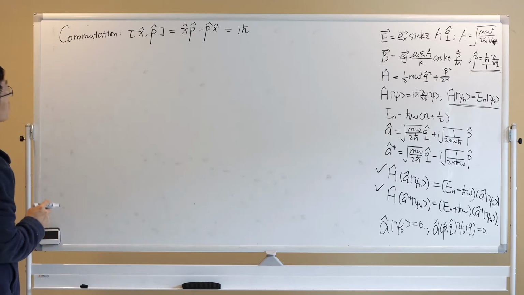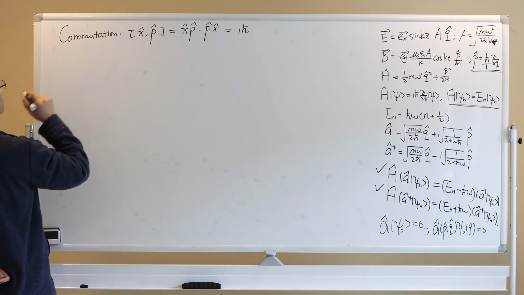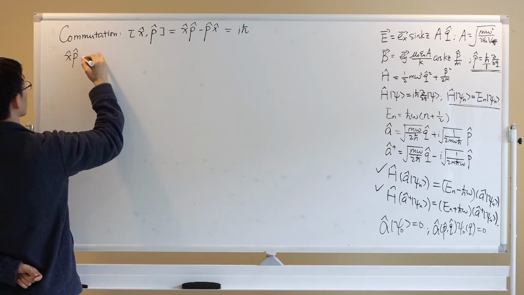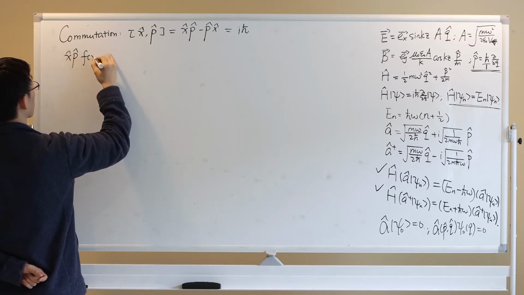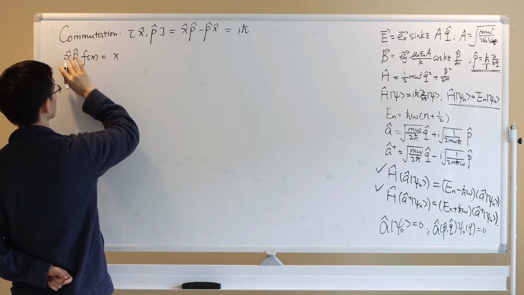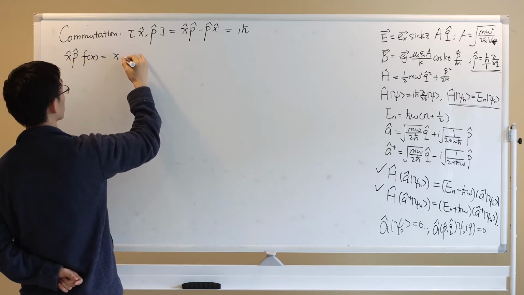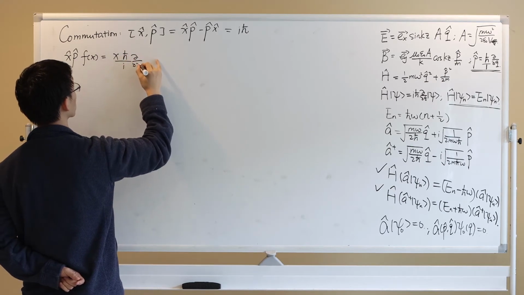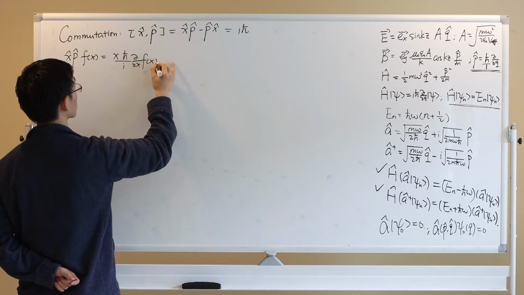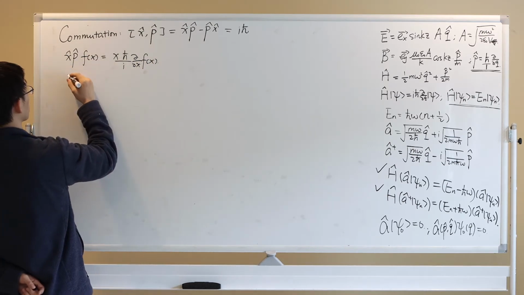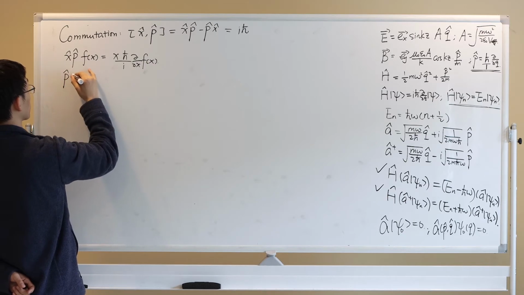So what we can see here is that if you do, let's say, xp on the function f, then we know it's x, and x is just x, and then h bar divided by i, partial x, f(x). This is xp acting on the function. But what about px acting on the function?